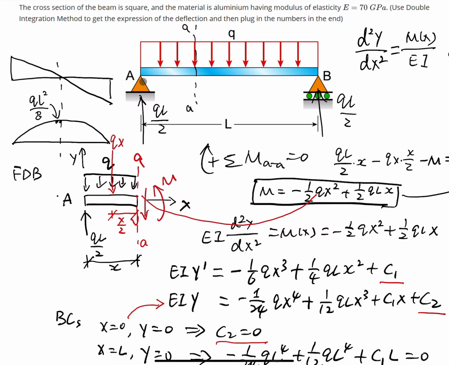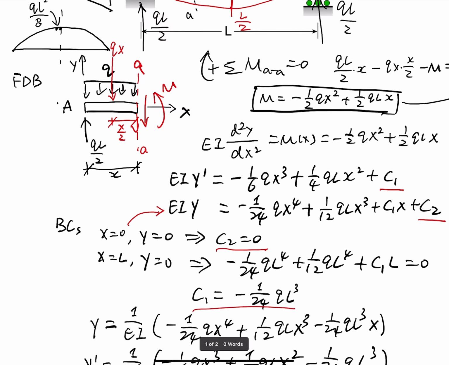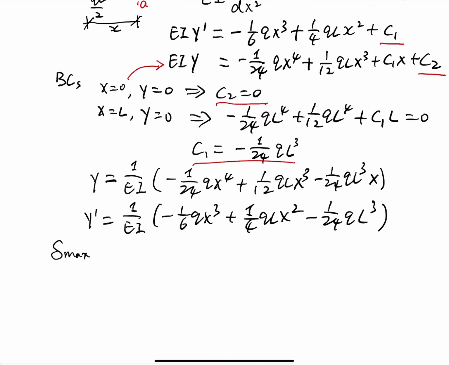In this case we can easily know that it's just at the mid span, at L/2. But mathematically, if we want to find the maximum deflection, we have to find where the slope equals 0. Then we can find the maximum deflection.